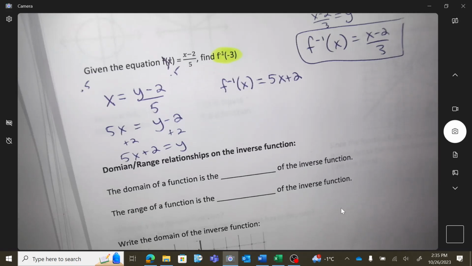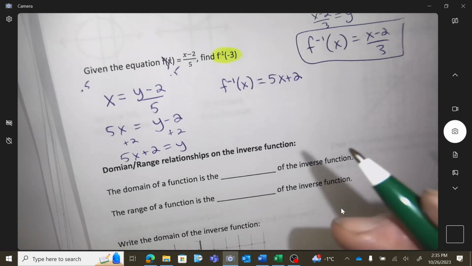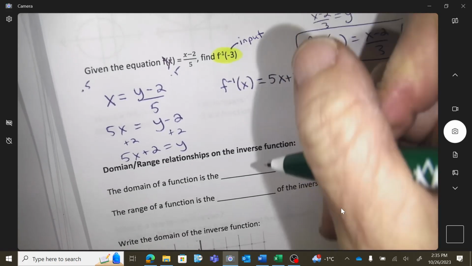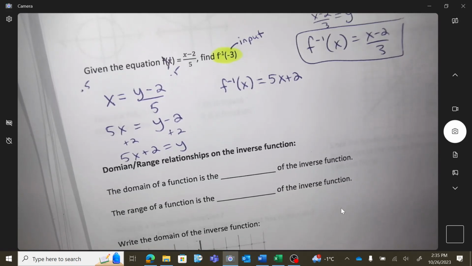Hopefully you learned this. What does this mean when you have f of something in brackets? What does that tell you to do? You need to input that into the function. That's what it means.